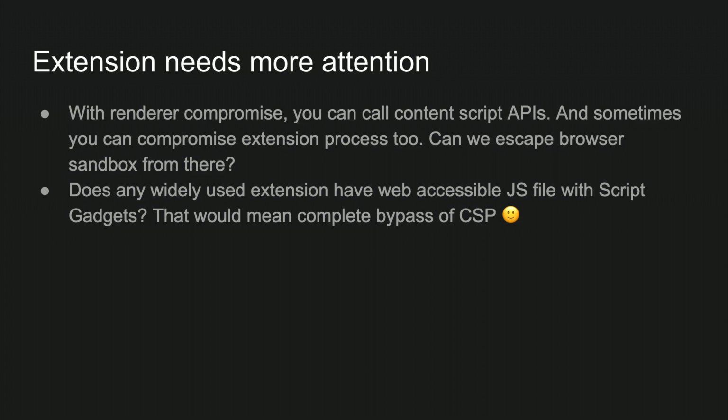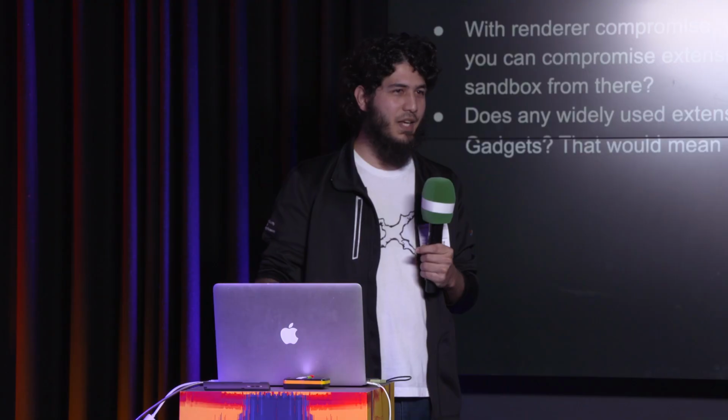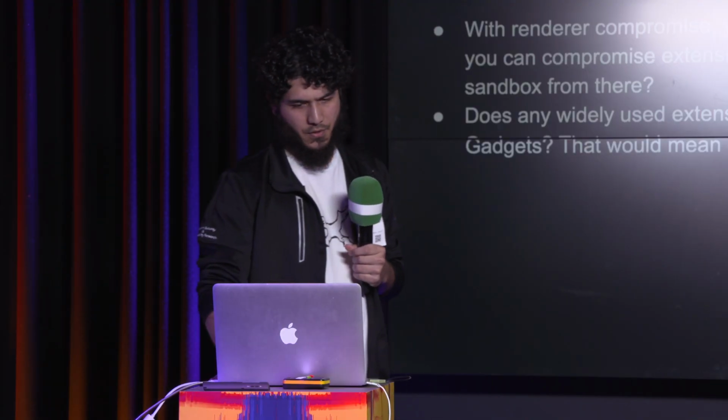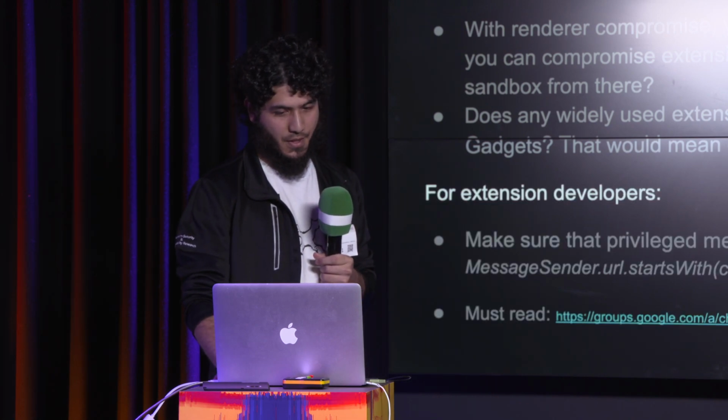So even if you have script-src none, the extension script will still be loaded. If you have script gadgets in that JS file, you can try to load HTML content that will trigger that gadget and then bypass CSP that way. So maybe someone can work on that research.